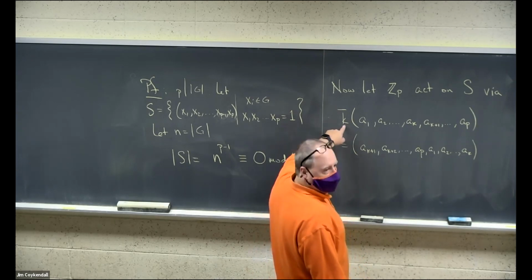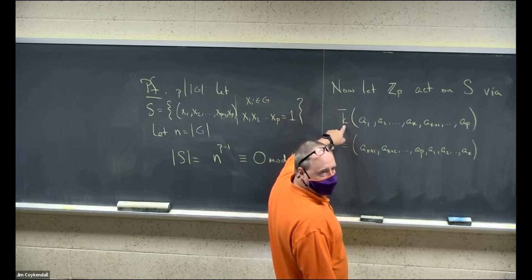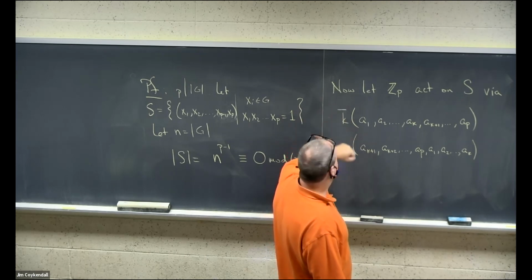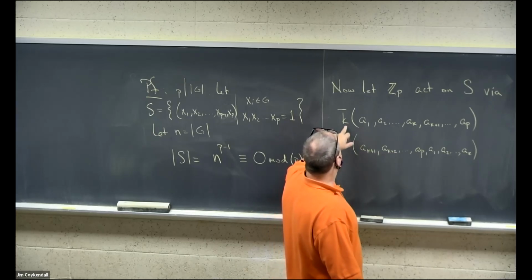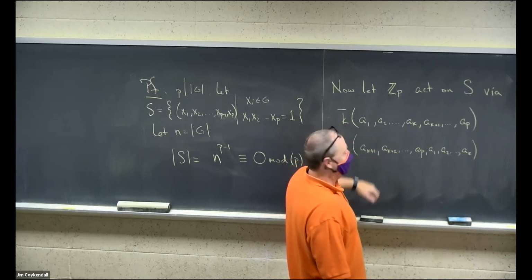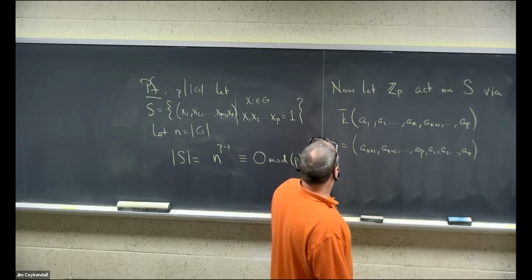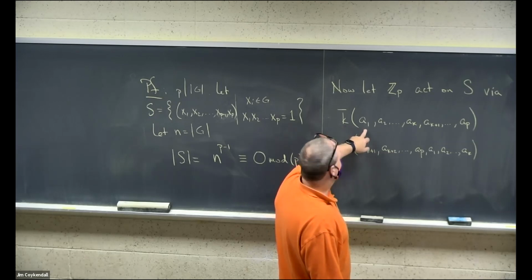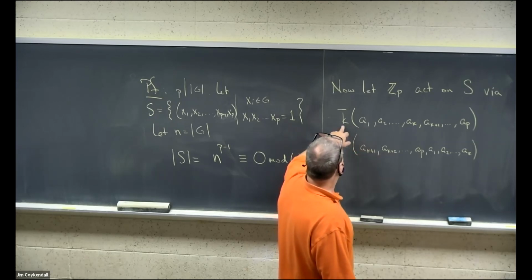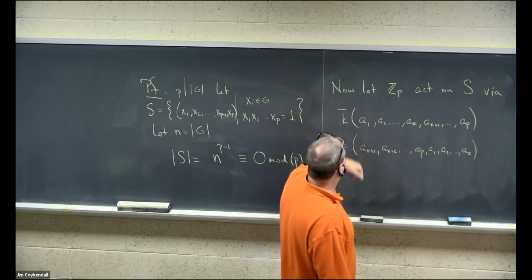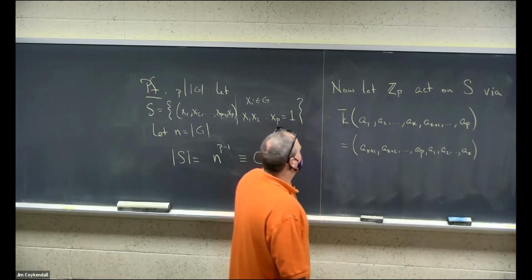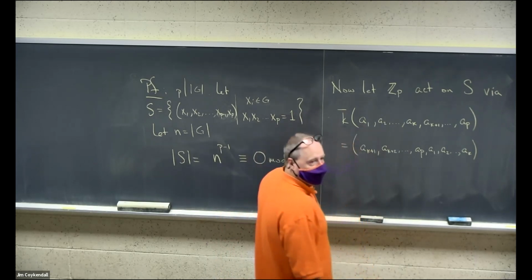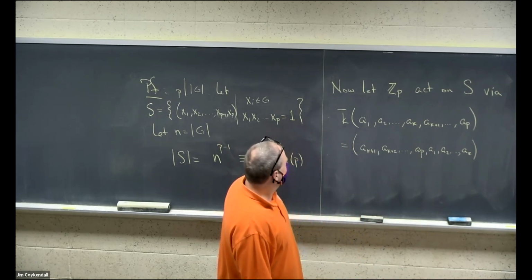So in other words, you read whatever this element is, it's in Z_p, and that's why I put a bar on it. And what you do is you shift by k. So for example, if this is 0, this should start with a_1, so you don't shift at all. If this is 1, this should shift to start at a_2, so it should start at a_(k+1). And if this is p, it should start at a_1 again. Everybody okay with that?